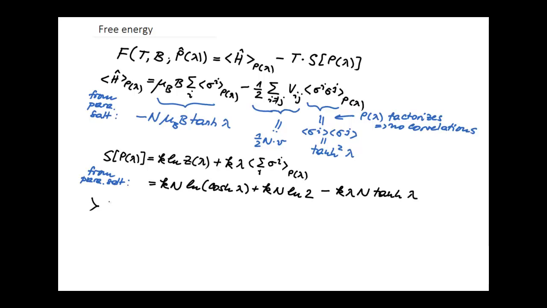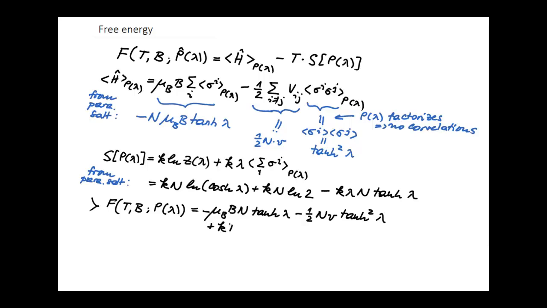Together, this gives the formula for the free energy of such a mean field state at temperature T and external magnetic field B. It is minus Bohr magneton, external field, number of spins, hyperbolic tangent of lambda, minus 1/2 N v hyperbolic tangent squared of lambda, plus kT lambda N hyperbolic tangent of lambda, minus kT N log of the hyperbolic cosine of lambda, minus kT N log 2.